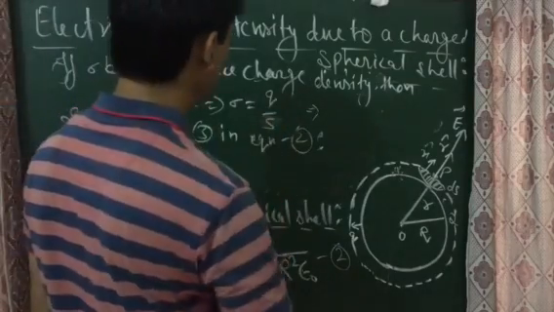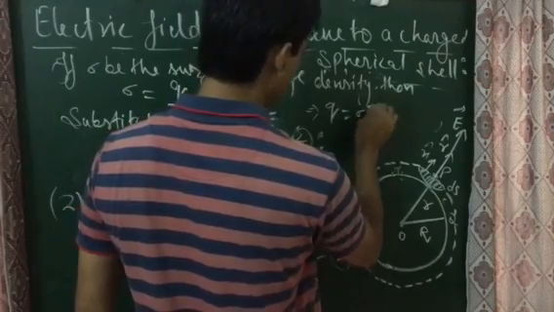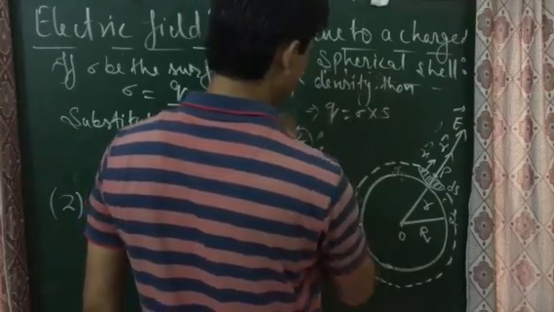Sigma is equal to Q upon S. So Q is equal to sigma into S.